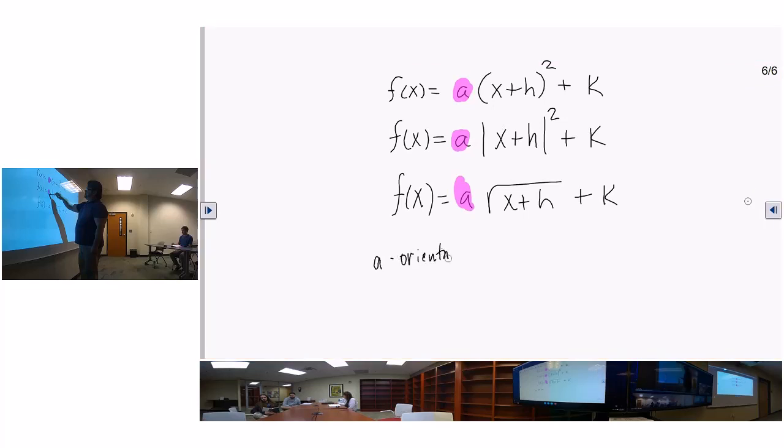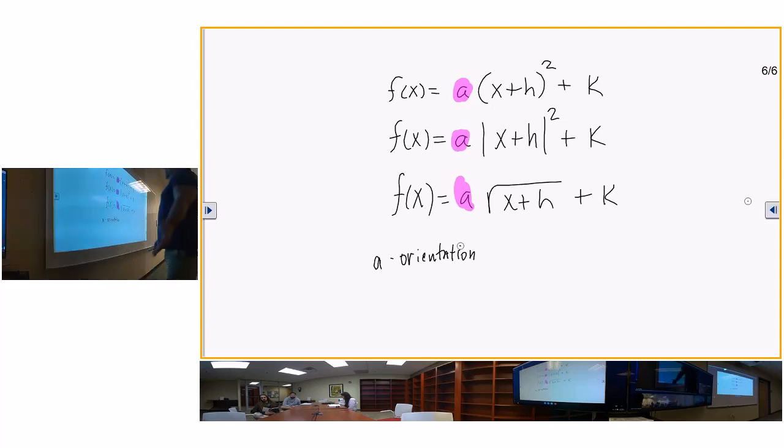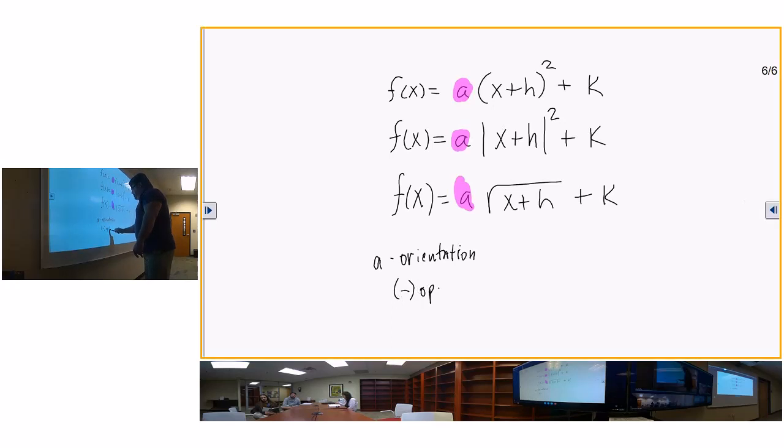Y'all remember going over this, right? Y'all should. Yeah. Horizontal shift, vertical shift. Yes, no? Pendleton, do y'all remember? She said yes. Okay, Oconee, somebody tell me if you don't remember. If it's negative, what does that mean? It's going in the opposite direction. If it's positive, that means pretty much your parent graph. Remember the parent graphs?